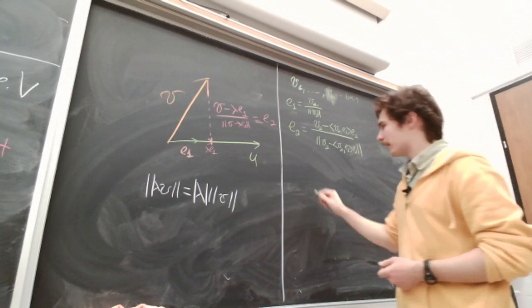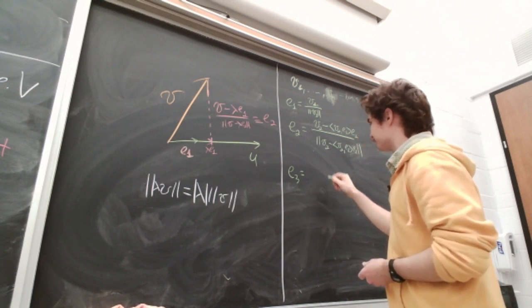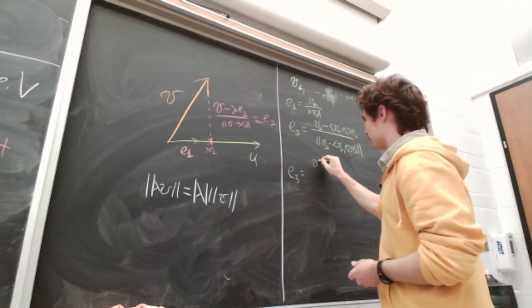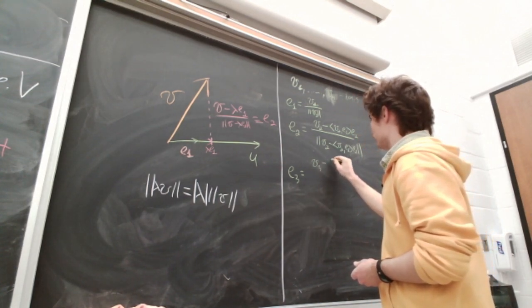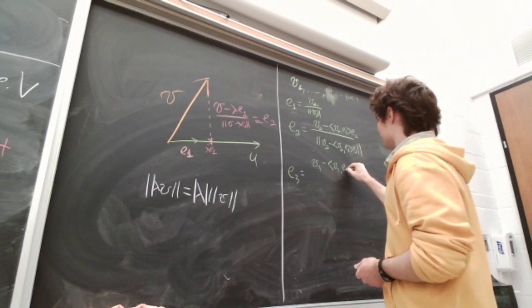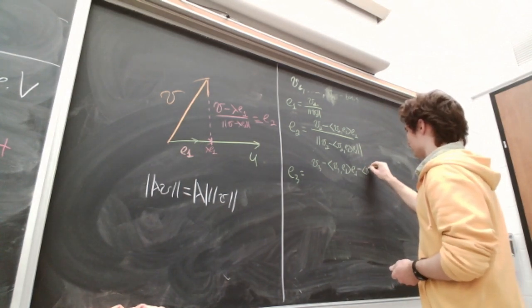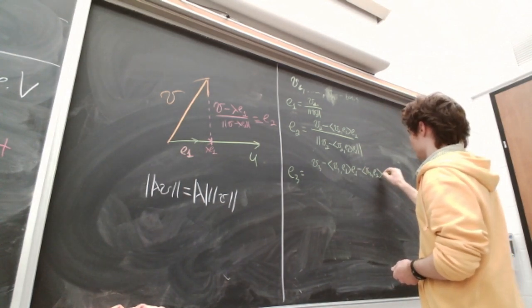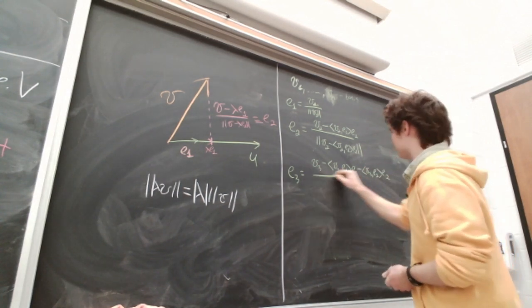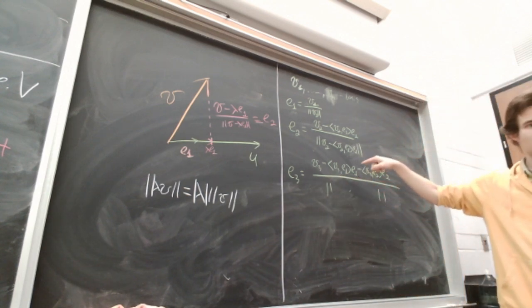Now I'm going to define E3. E3 is going to be V3 minus the inner product of V3 with E1 times E1, minus the inner product of V3 with E2 times E2, divided by the norm of the thing that's in the numerator.